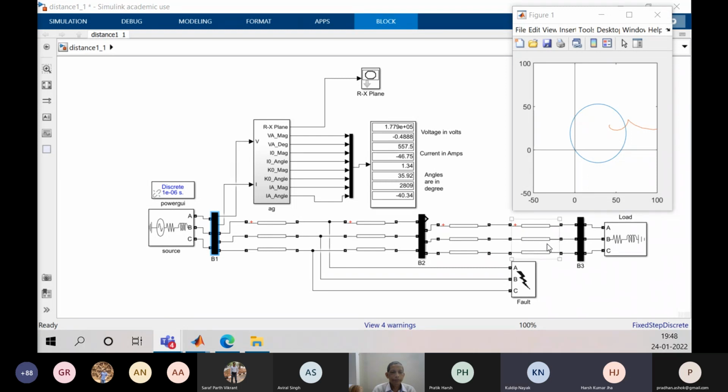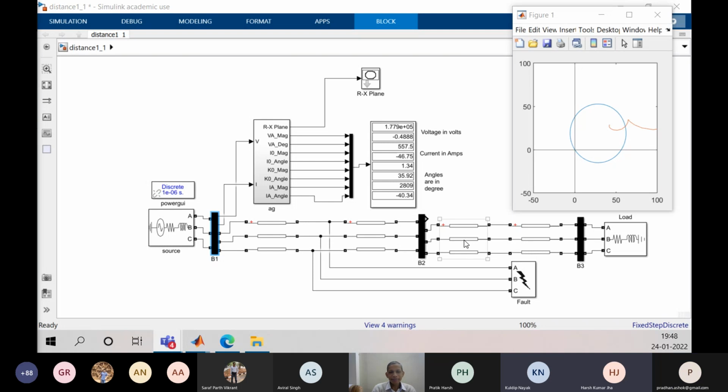The relay is installed at bus B1, and it takes the reading of voltage and current here. This relay will see whether a fault is internal to the zone setting or external to the setting. So, zone 1? Yes, zone 1. Yes, sir.